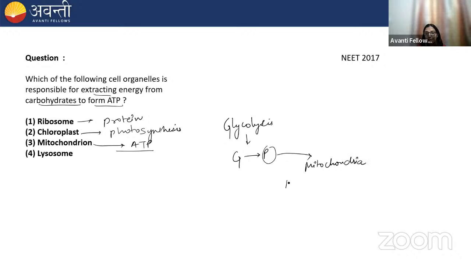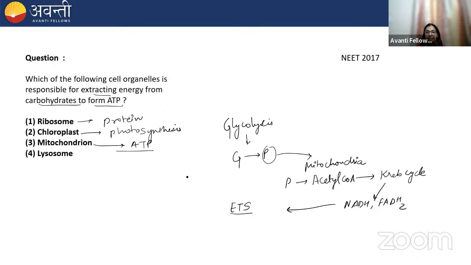where this pyruvate is converted to acetyl-CoA. Now this acetyl-CoA will enter into the Krebs cycle, which occurs in the matrix of the mitochondria. This Krebs cycle will produce NADH and FADH2. Now these NADH and FADH2 will enter into the electron transport chain, which occurs in the inner membrane of the mitochondria, and it leads to the formation of ATP.